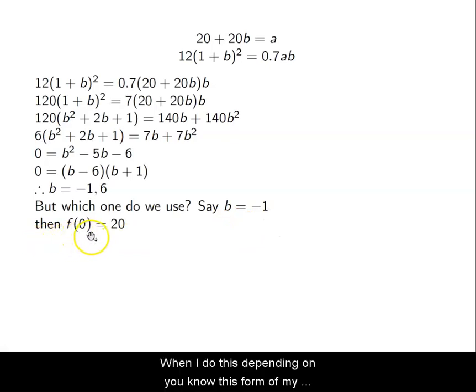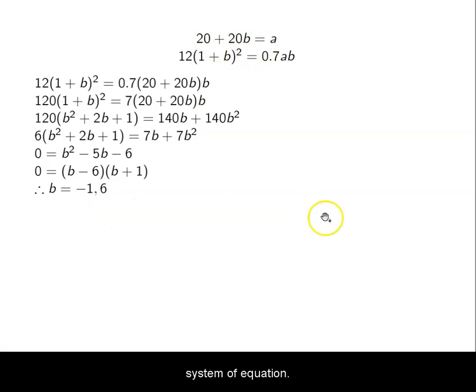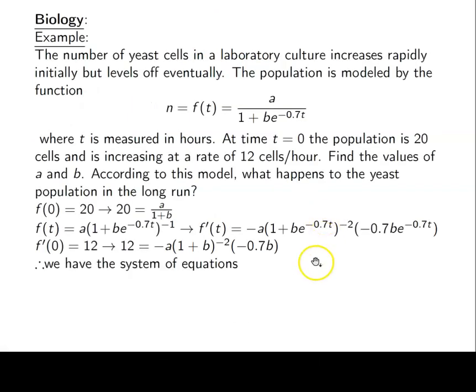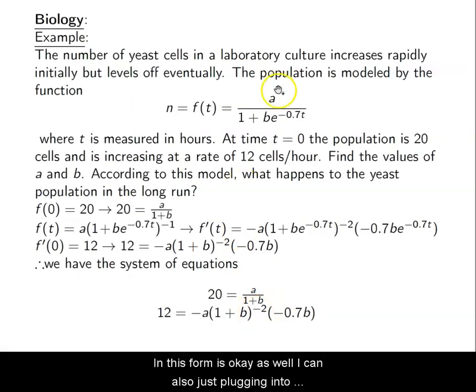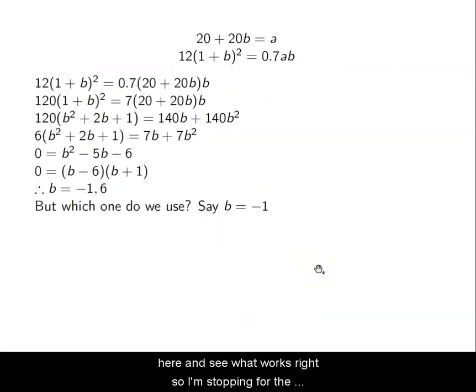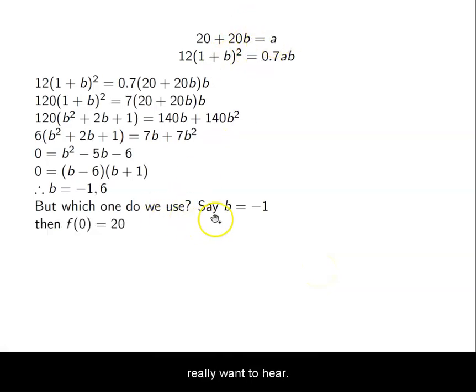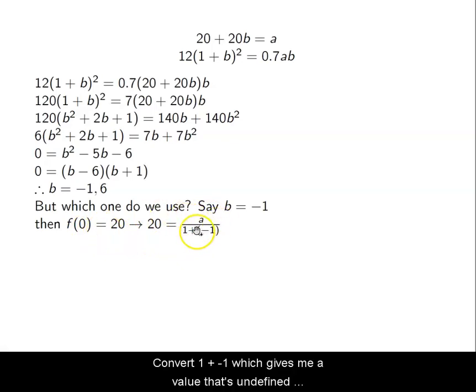When I do this, depending on this form of my system of equations, and this form is okay as well, I can also just plug it into here and see what works, right? So I'm solving for the system, so I want to plug it into my system, really is what I want to use. So if B equals negative 1, then when I plug in 0 and get out 20, I get out A over 1 plus negative 1, which gives me a value that's undefined.